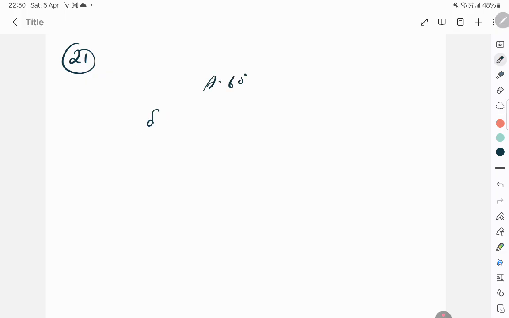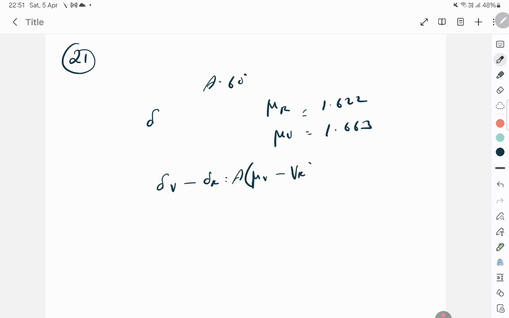The refractive index of the prism for the red light and the violet light are different, and they are 1.622 and 1.663 respectively. So the angle of deviation between the red light and the violet light, delta V minus delta R, is nothing but A into mu V minus mu R. It's a formula.